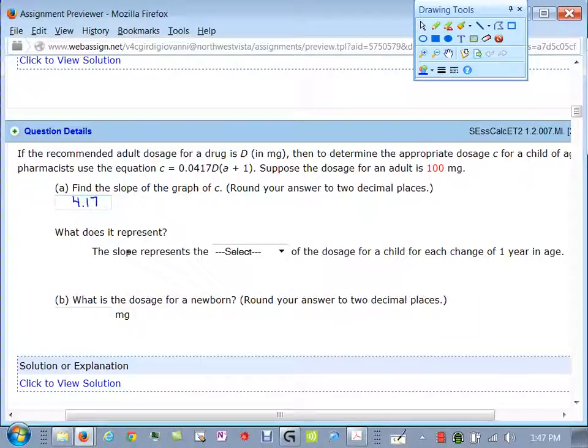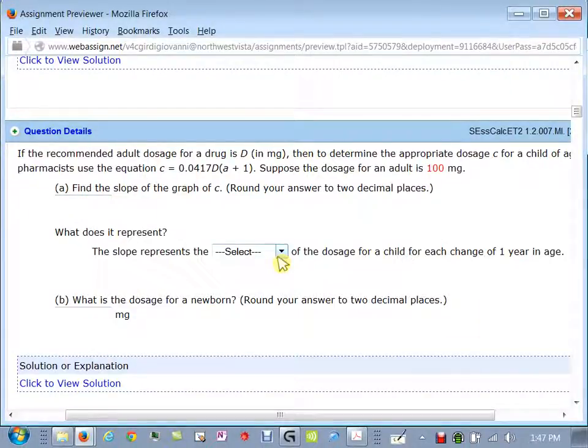Okay, what does the slope represent? Well, C is the dosage for a child, right? So the slope of this line is going to be the rate of change of that dosage, so it's change in milligrams.